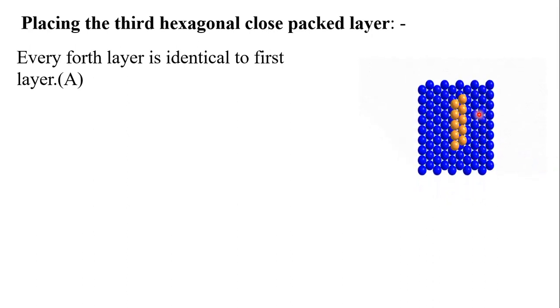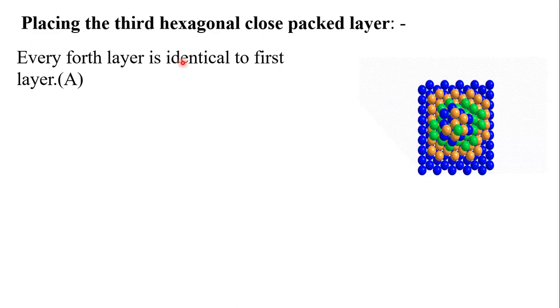See here, the blue color sphere is the first, the golden color sphere is the second layer, and the third layer is the green color sphere, like this. And again the fourth layer is placed over the second layer, then we get what?